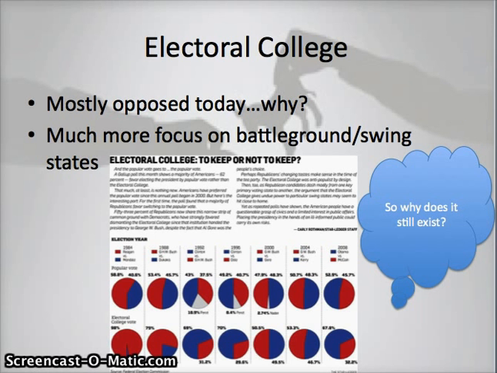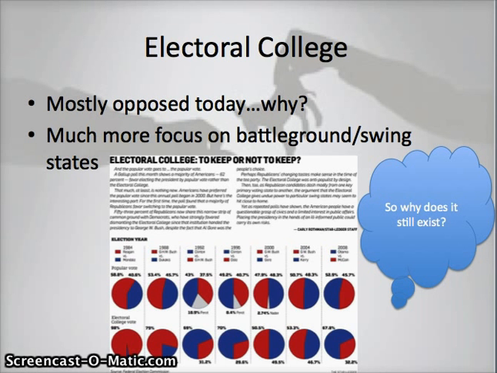States get delegates proportional to their population, but all states also get 2 bonus delegates for the number of senators they have. So of course, since we have the same senators in every state, a small state might actually have a few more electors than arguably they should if we're just basing it on population.